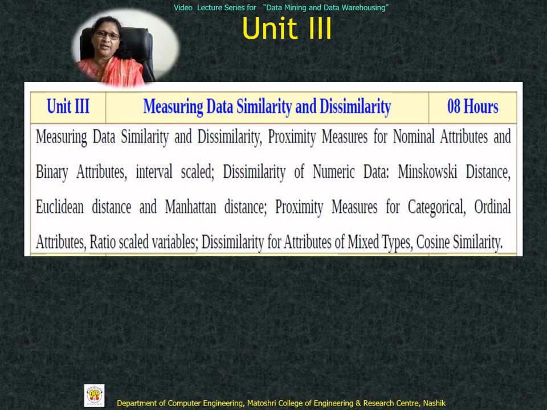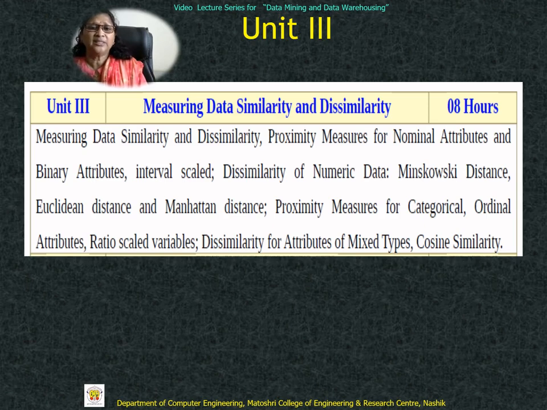In the third unit of your curriculum, titled Measuring Data Similarity and Dissimilarity, the core topics which we are supposed to learn are what data similarity and dissimilarity are, which is also termed proximity. What are the proximity measures for nominal attributes, binary attributes, interval scaled attributes?